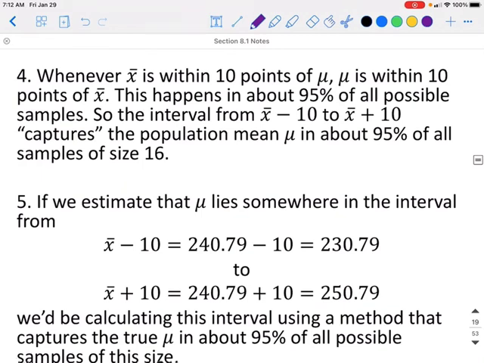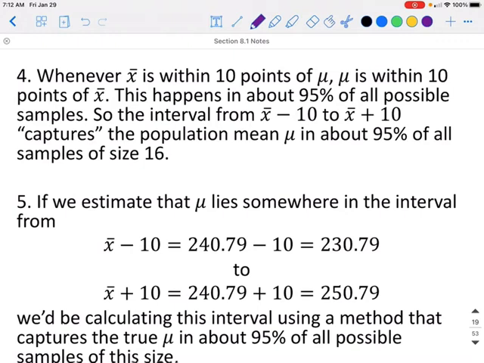Whenever x bar is within 10 points of mu, mu is within 10 points of x bar. This happens in about 95% of all possible samples. So the interval from x bar minus 10 to x bar plus 10 captures the population mean mu in about 95% of all samples of size 16.